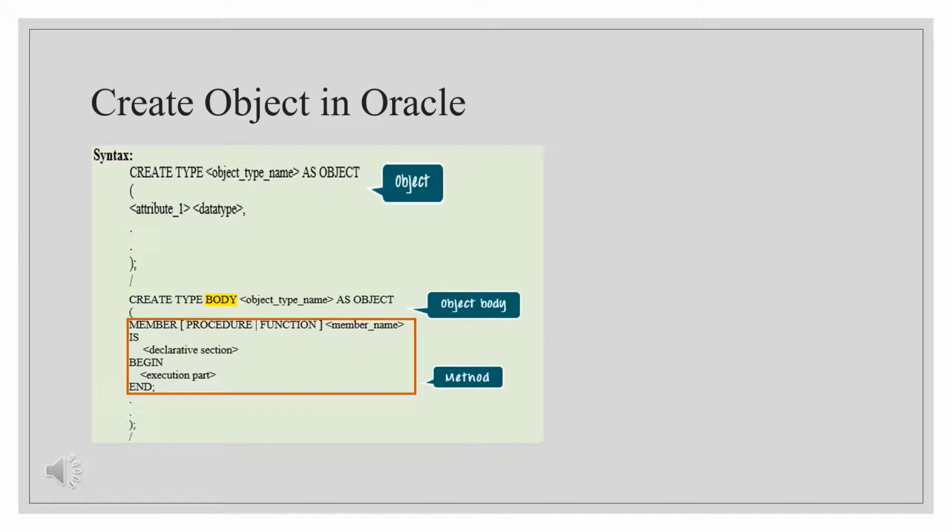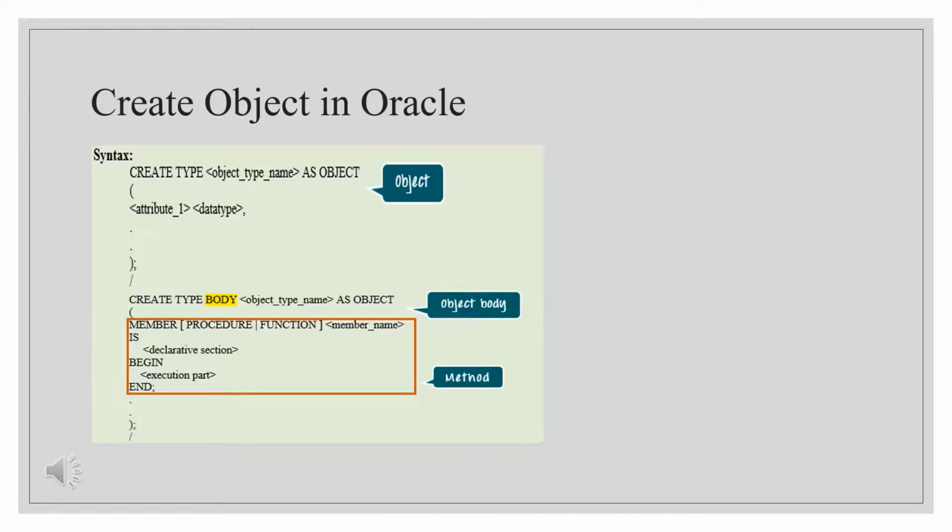Then we create a simple body for the same. Earlier we used the type of the object; now we'll create or replace type body, with its object name, as object, where we'll provide all the member functions or methods that are used.